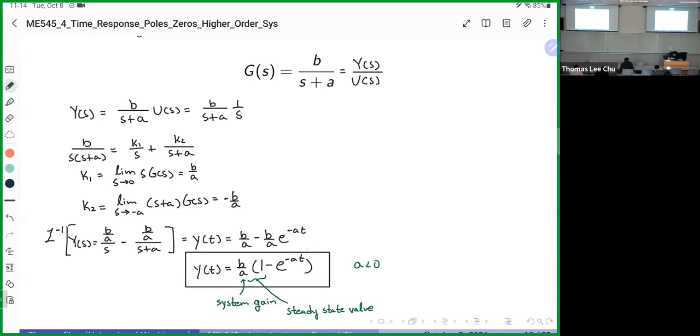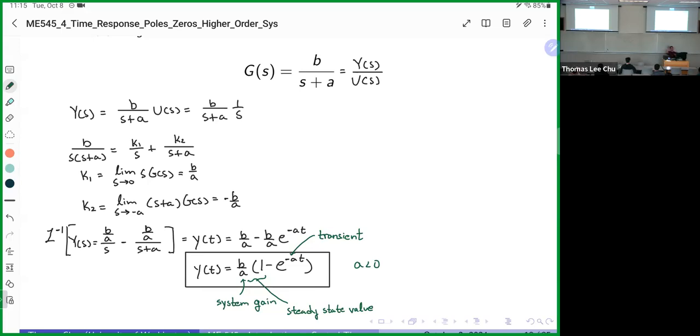This exponential term is my transient response. Transient meaning that it's in motion, it's dependent on time. That makes sense because if I have a step input, I'm pushing my chair all the way down to the end of the hallway.